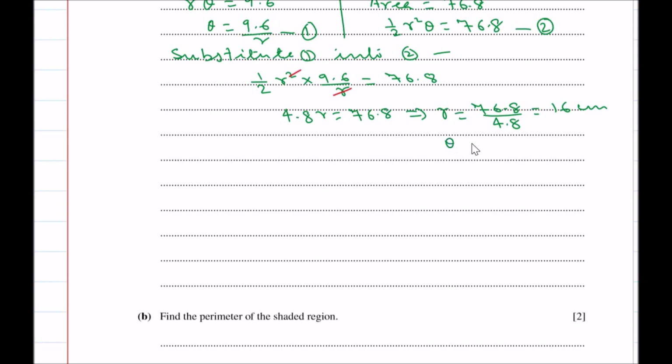So theta is equal to 9.6 by 16, that is 0.6 radian. Okay, so this is required for the next part, so I am underlining this. So we have theta, we have radius. Okay, now we can find area of triangle AOB.